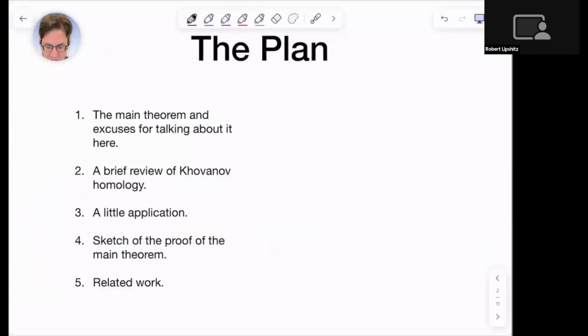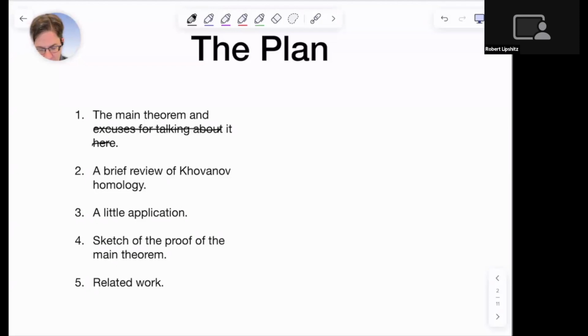So the plan for the talk is, I'll explain what the main theorem is. Actually, the excuse for talking about it will come slightly later. Then I'll remind you what Khovanov homology is. I'm actually going to do that in 2 different ways: first combinatorially, the classical definition, and then I'll explain conjecturally how it arises in symplectic geometry, what the symplectic construction is believed to be.